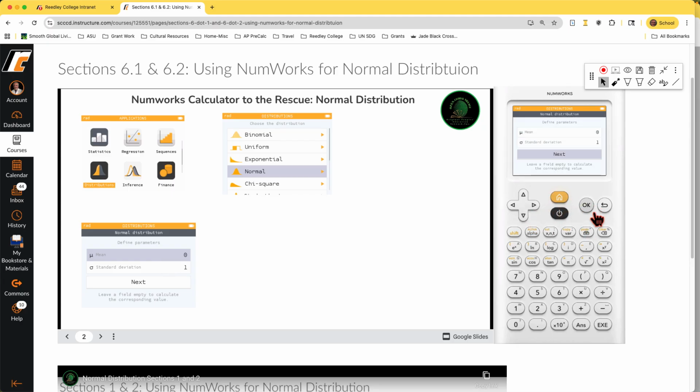So we'll accept those default values, and this is what the standard normal looks like, in that symmetrical bell shape. Remember, the shading is the percent of data that is below the curve at a certain point. So this is telling us that 50% of the data, 0.5, lies between the mean, which is 0, and to the left.